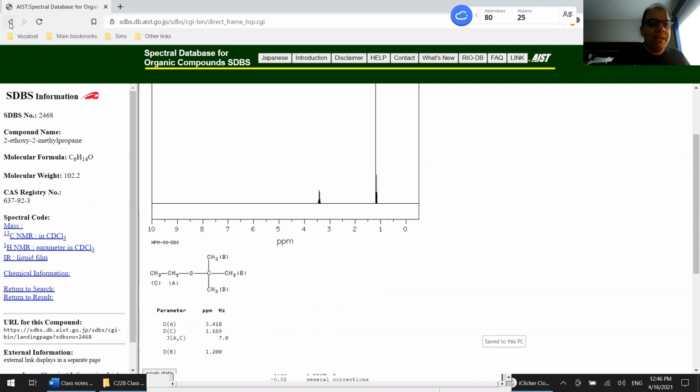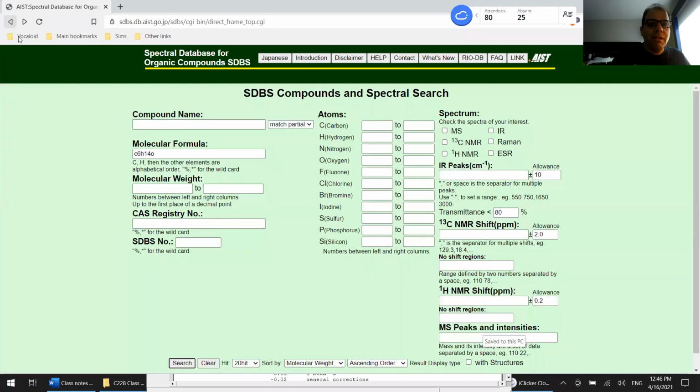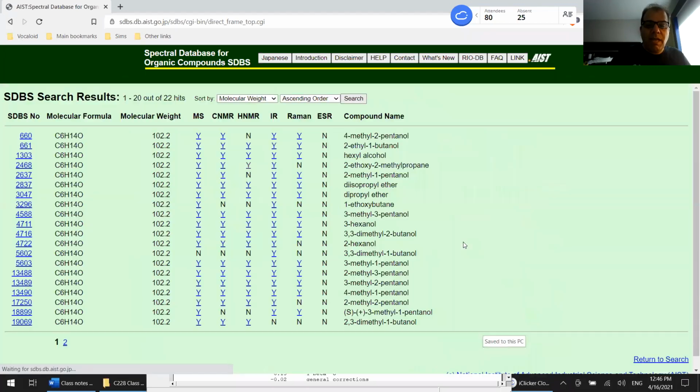Okay, that one's crappy. I'd like to do one that isn't an alcohol. Diisopropyl ether we already did. 1-ethoxybutane, they don't have the proton NMR.